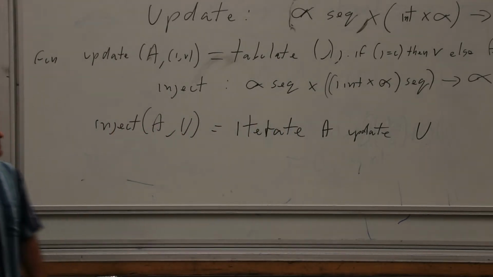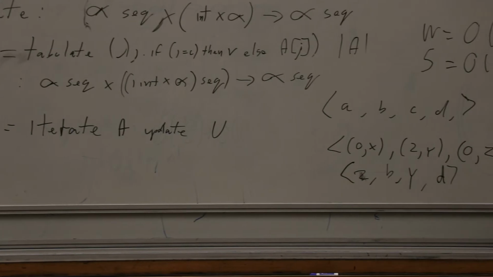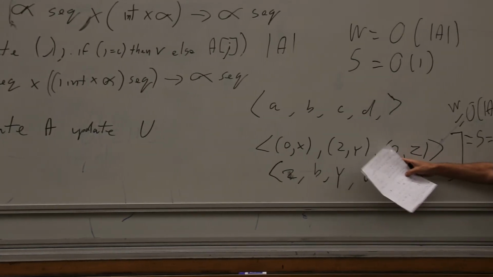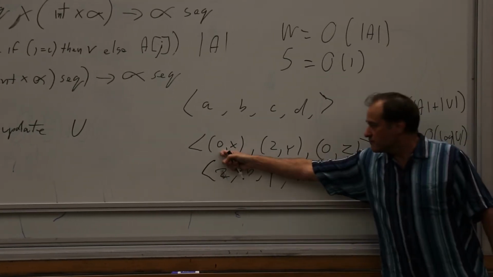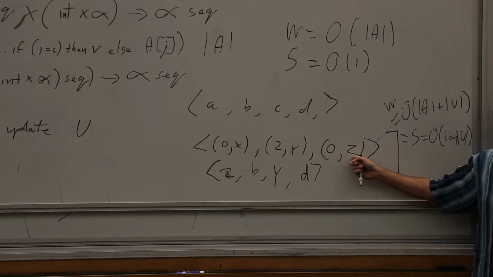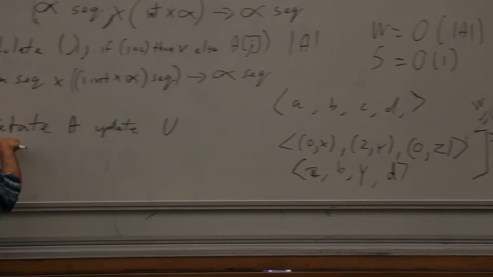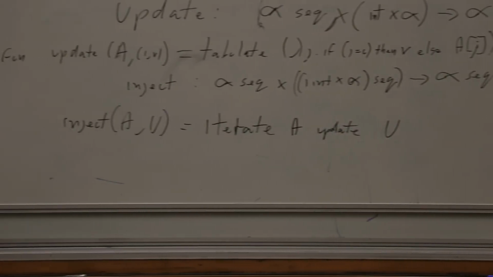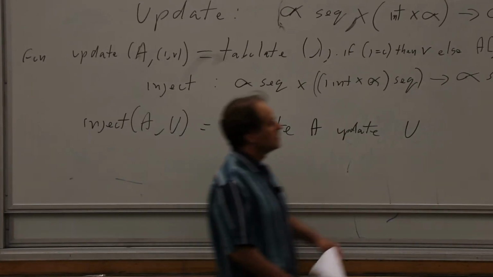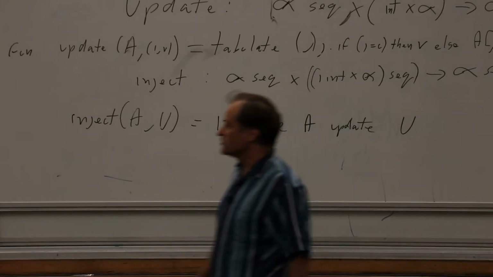I claim that that's the definition of inject. I'm basically going to iterate over one by one, updating these elements. Because I defined it so that the last one wins, this will be updated first, and then later on it'll be updated again with Z, and indeed the last one wins. But this is sequential, right? It's not going to give me a logarithmic span. In order to do that, I have to make it built in.